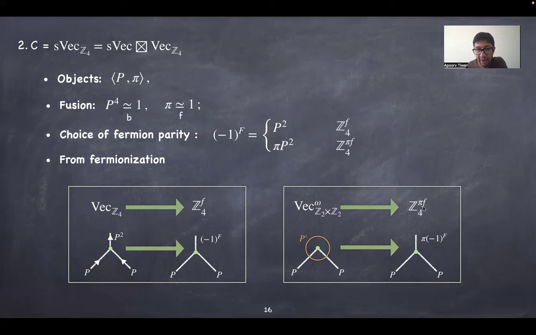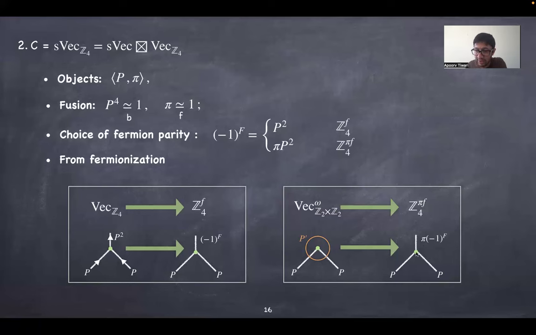While Z4πF comes from a category that has Z2 times Z2 symmetry with a mixed anomaly. This mixed anomaly essentially encodes that if you have a junction of two P lines, that junction, this green operator, is charged under P prime. Now, if we gauge P prime, in the sense of fermionizing using P prime, then this operator is a charged operator, and the charged operator goes to a charged twisted operator.